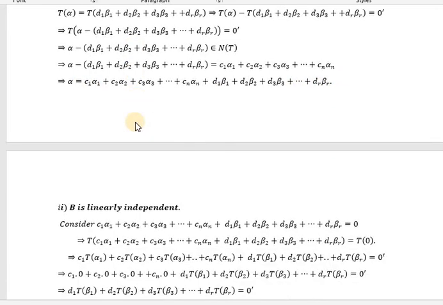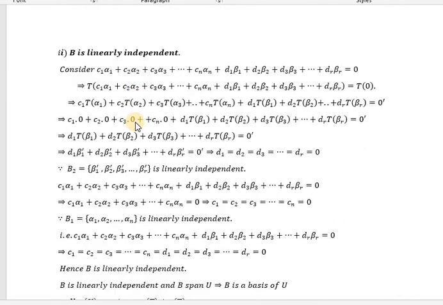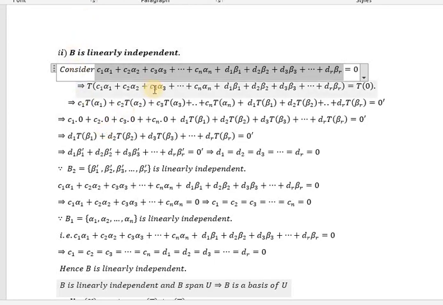Then the second property, B is linearly independent. To show that B is linearly independent, let c1 alpha 1 plus c2 alpha 2 plus c3 alpha 3 so on cn alpha n plus d1 beta 1 plus d2 beta 2 so on dr beta r be equal to 0. Now take the transformation of these terms.